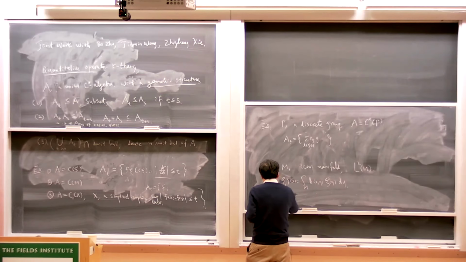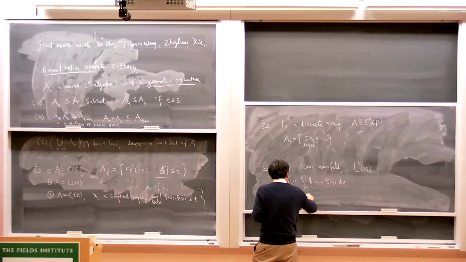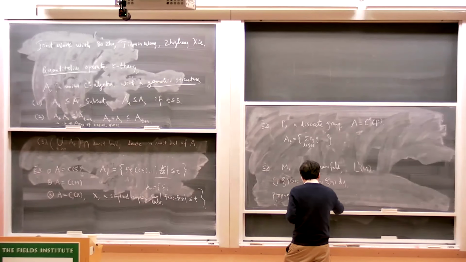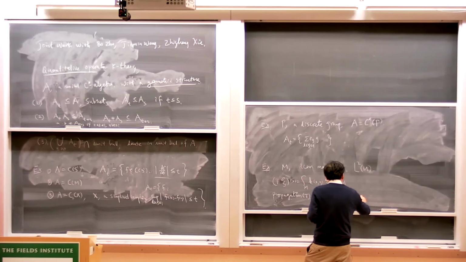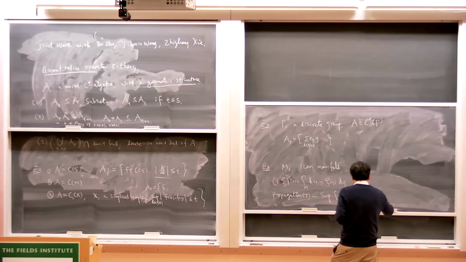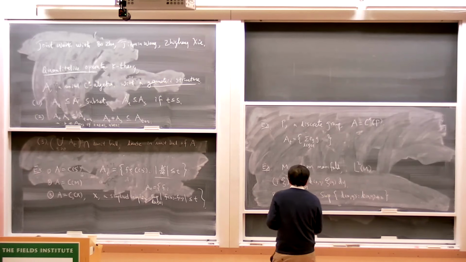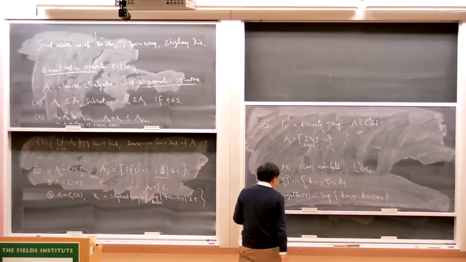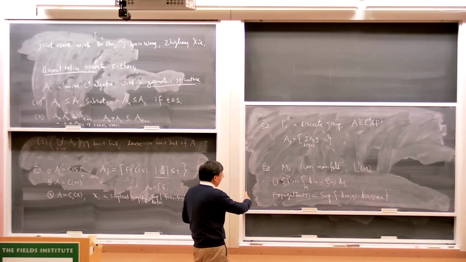So we can define the so-called propagation of such an operator T, and this is related to its support. Okay, so it's a very intuitive concept. It's just telling us how much it's propagating.